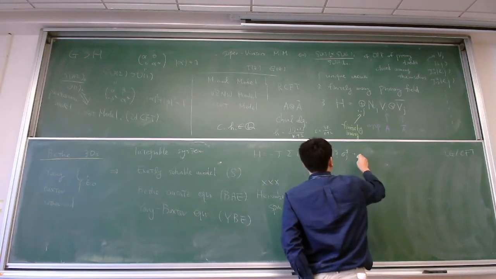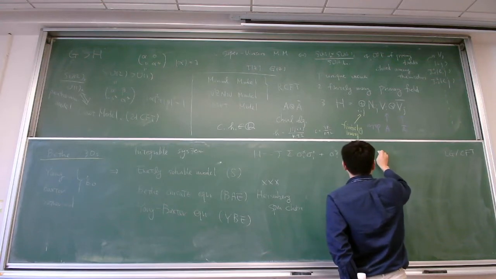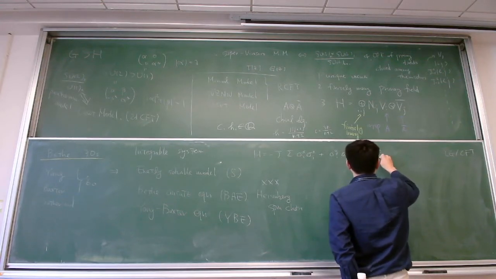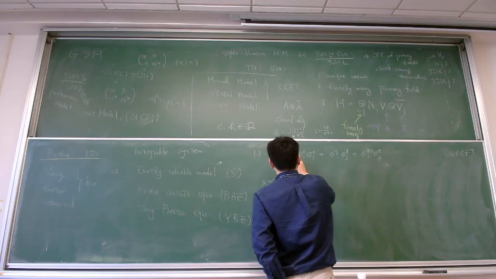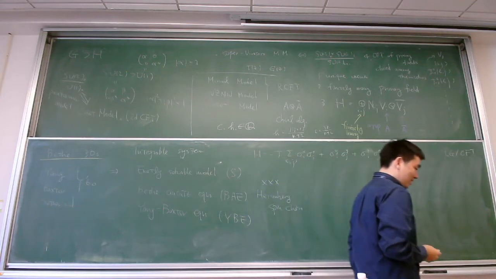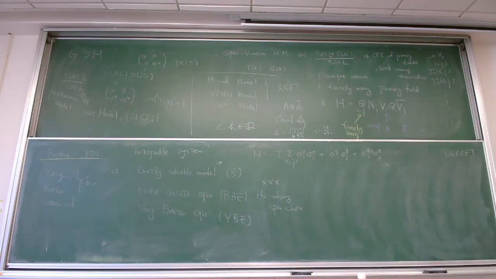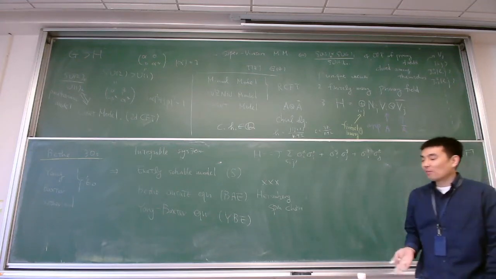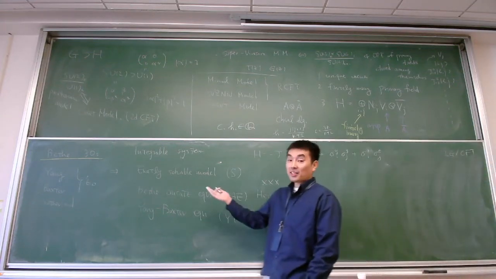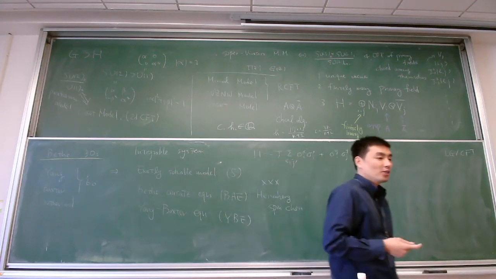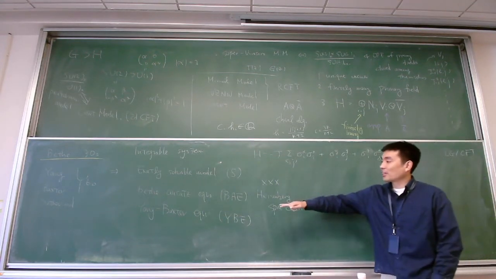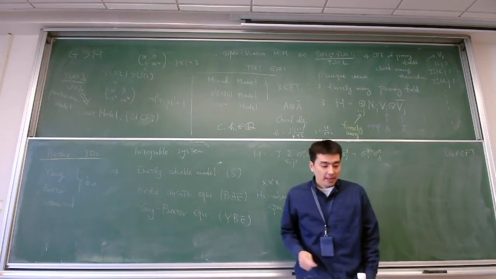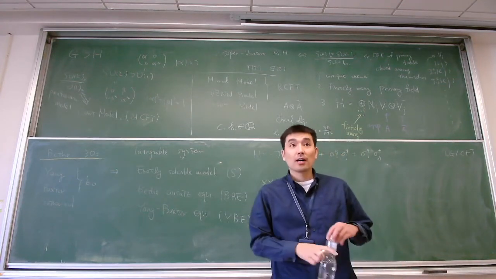It's just a generalization of the Ising model. This is a one-dimensional Hamiltonian, plus a time direction, so 1 plus 1 dimensions. This is called the Heisenberg spin chain. One can apply the Bethe ansatz equation to the Heisenberg spin chain to get the exact S matrix. That's what I'm going to explain from the subsequent lecture.